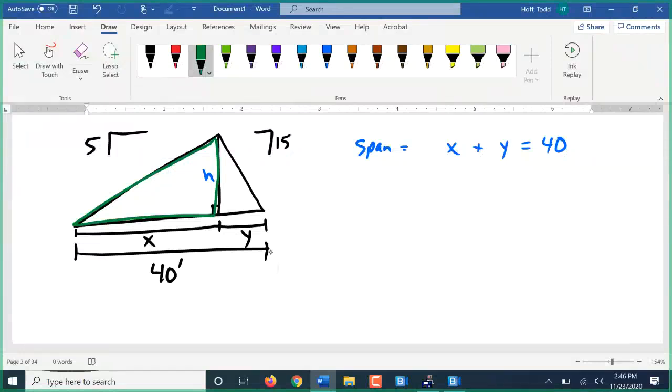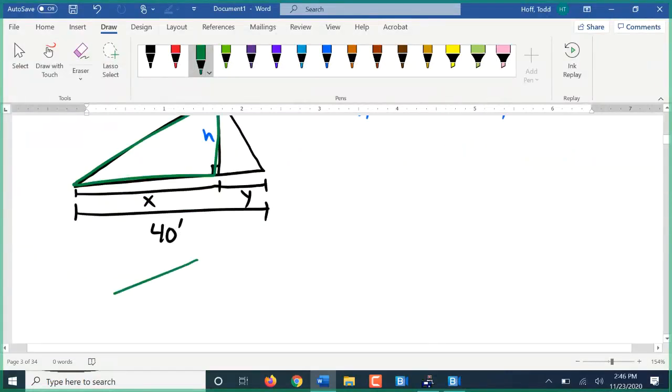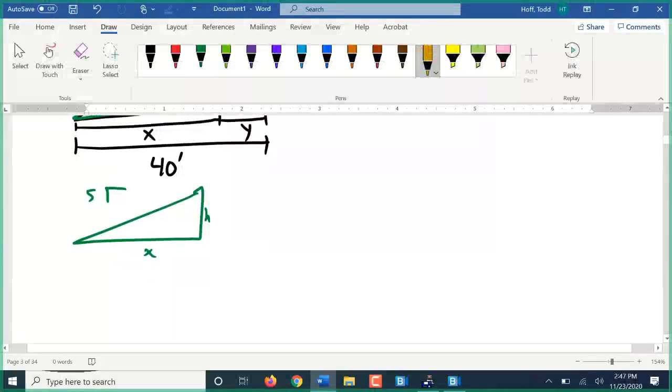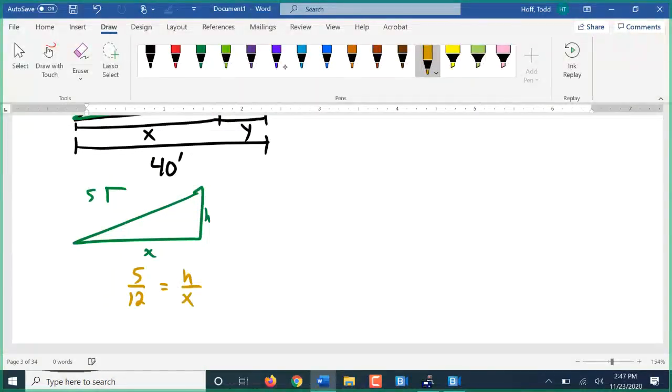So this triangle here is a 5/12 slope. We have a run of x and a rise of h. So 5/12 equals a rise of h over run of x.